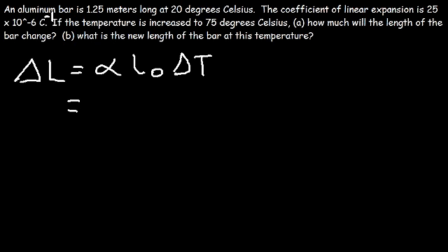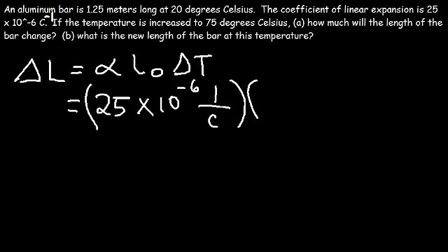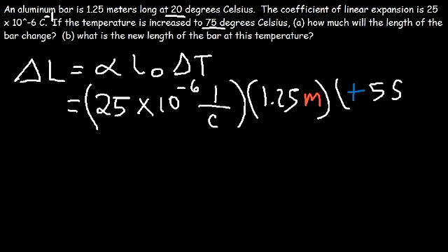The coefficient of linear expansion is 25 times 10 to the minus 6, and the units are Celsius to the minus 1, which is basically 1 over Celsius. The original length is 1.25 meters, and the change in temperature, final minus initial, 75 minus 20, is positive 55 degrees Celsius, because it increased by 55, going from 20 to 75.